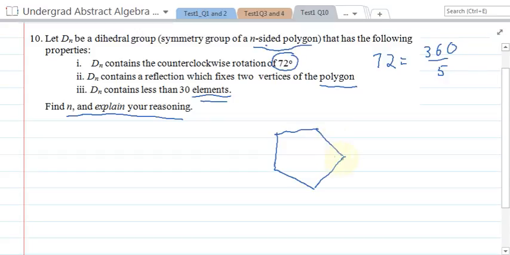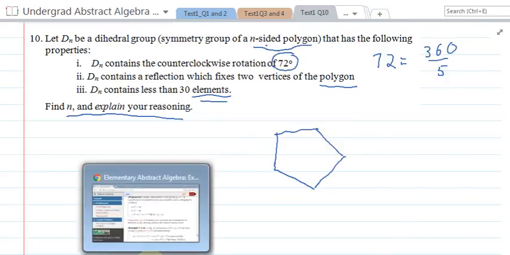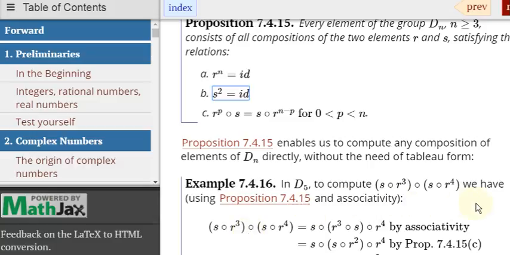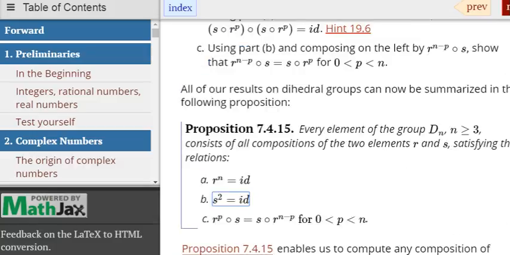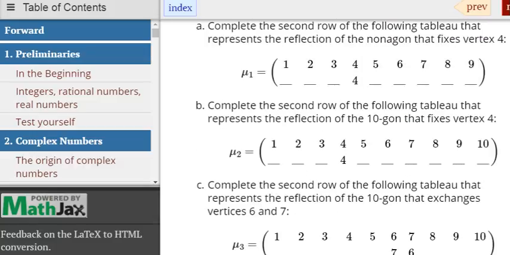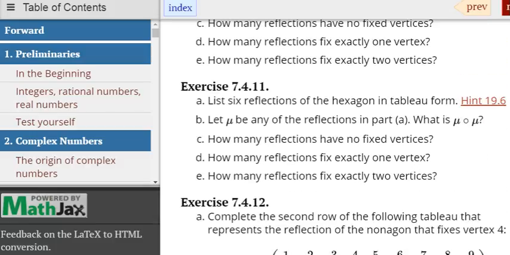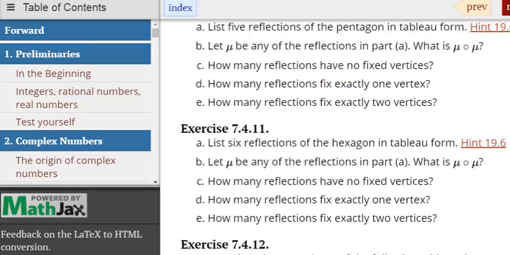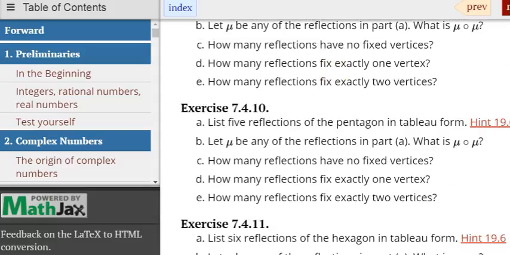And if you go back to the discussion in the book, let me see if I can find that. The discussion of reflections in Dn, well, there's several exercises. You could see by example that the polygons that have an odd number of vertices, all of their reflections fix only one vertex.